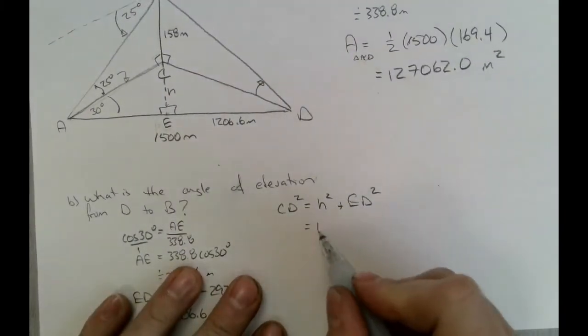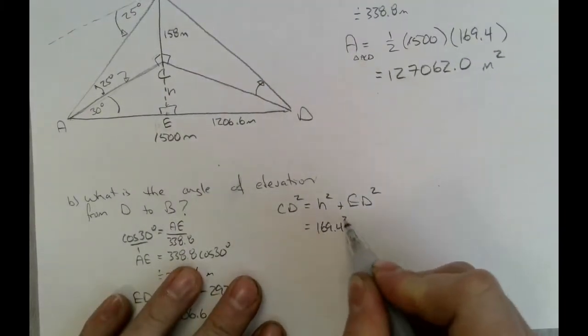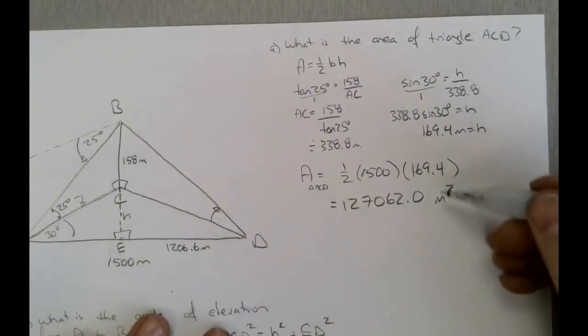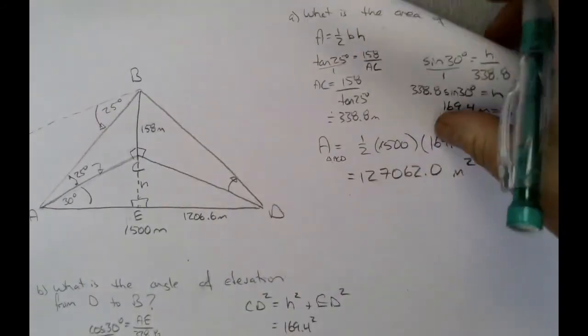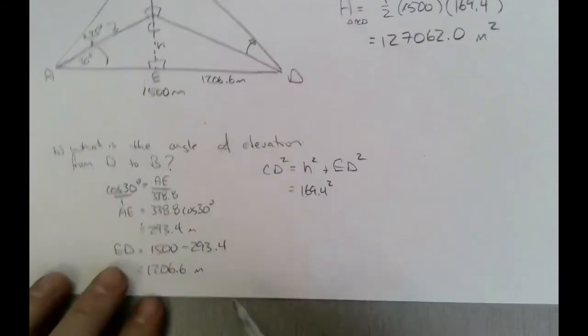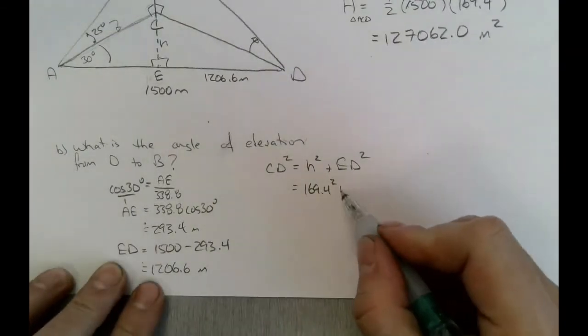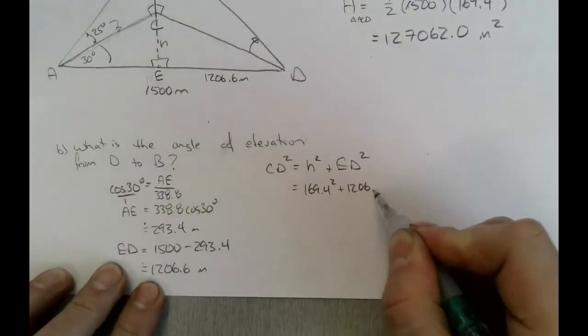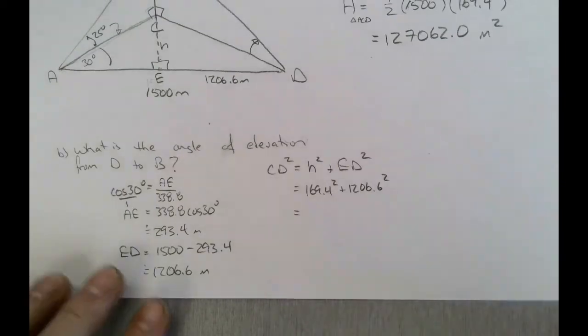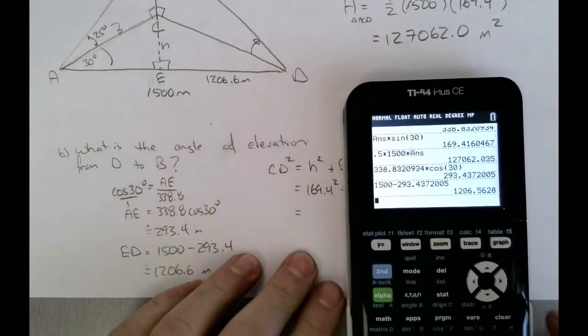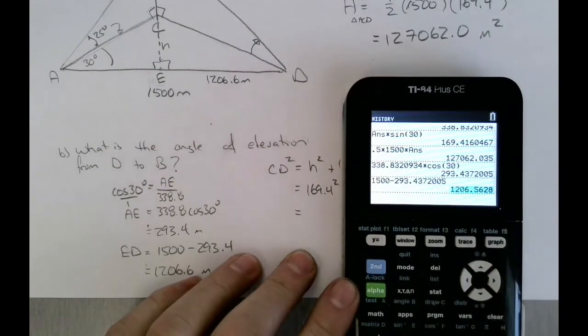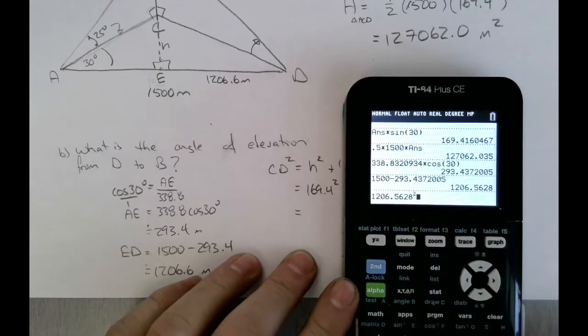And the beautiful thing is I've already got the height and I've got ED. My height was 169.4. I had that up here. And then ED I just figured out was 1206.6. Now, when I go to my calculator, I'm going to grab that one and square it.